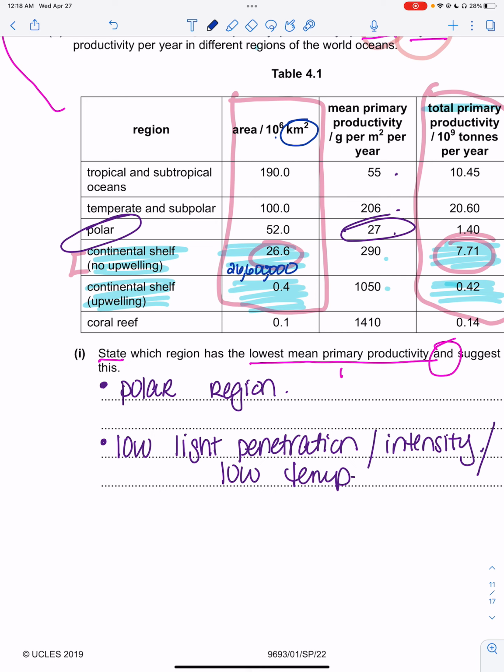Versus like 400,000 square kilometers. 26 million, 26.6 million. That's your answer. Not like you have to take it out of scientific notation or anything, but the answer is it is such a larger area.